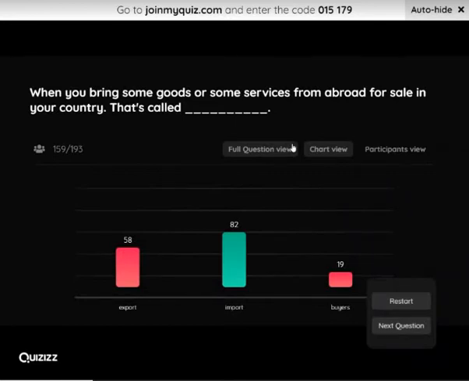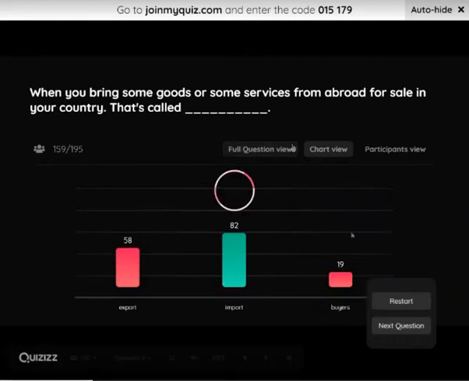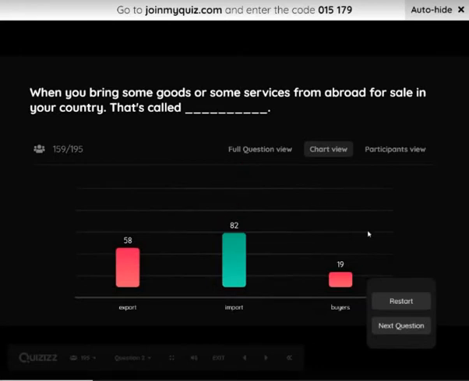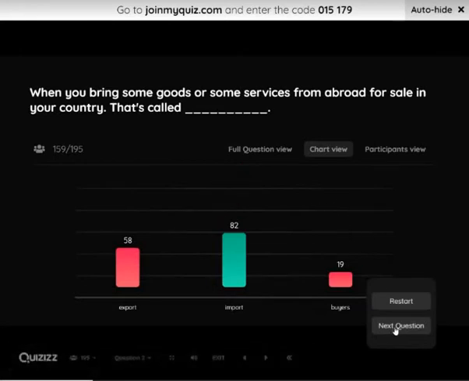You import products, but when you take your products outside, then that is called export. Okay, واردات اللي هو import وصادرات اللي هو export. Next question.